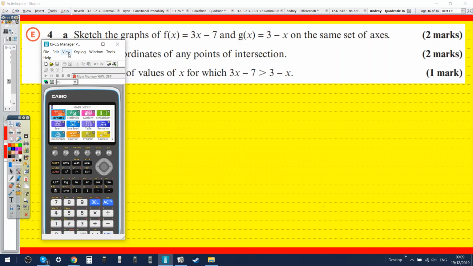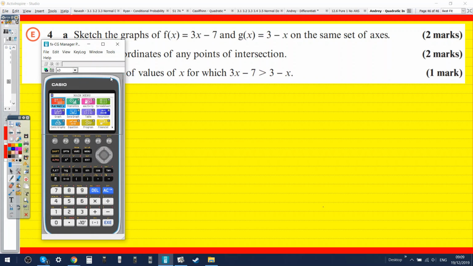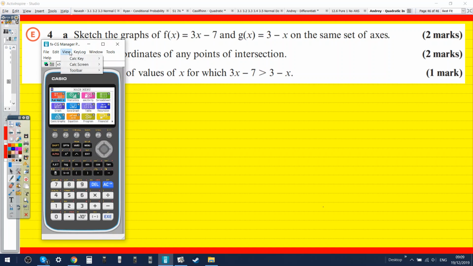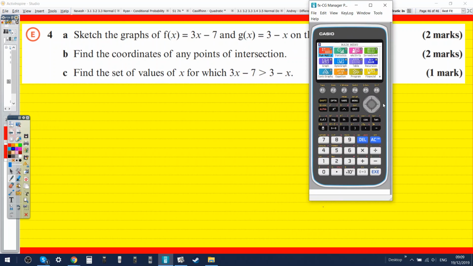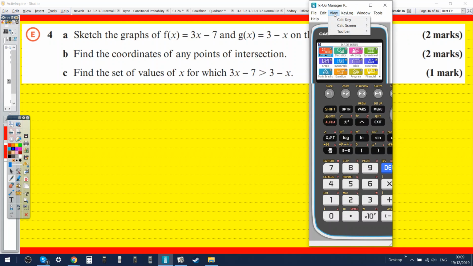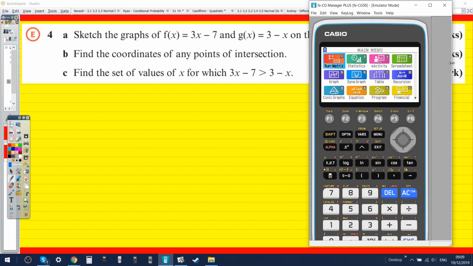Yeah. I'm not really sure what to do. It just says y1, y2, y3, y4, y5, y6. So put in 3x minus 7.